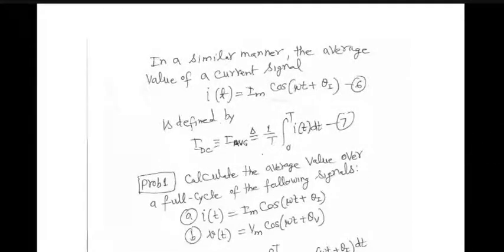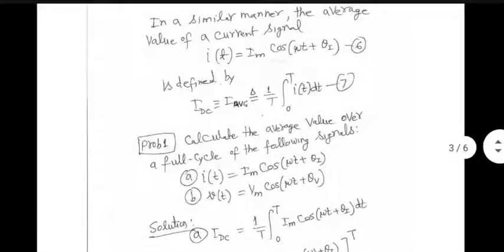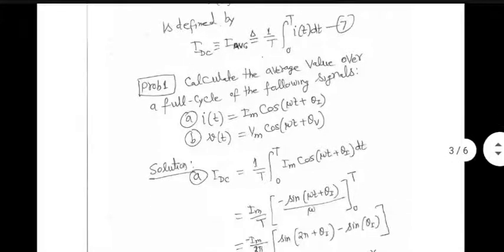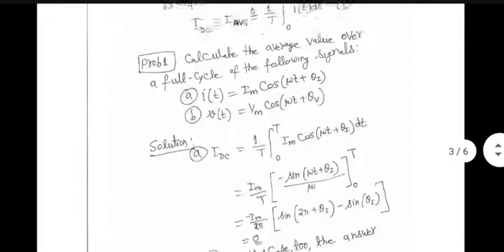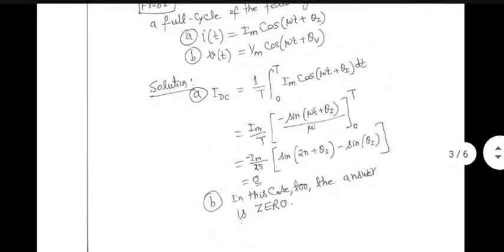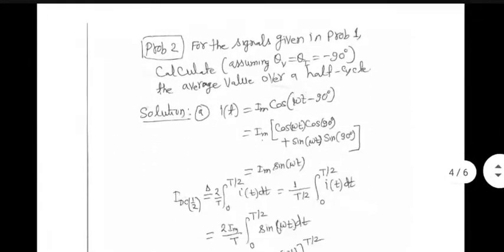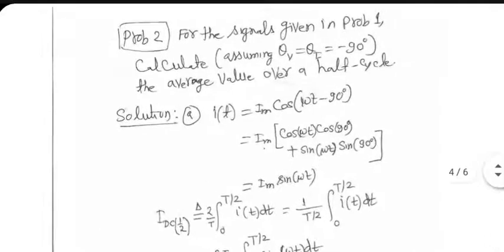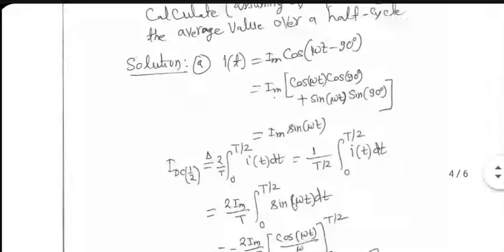For current also, similar story. You can go through this solved example just in case you are not sure about how to do these things. I think you have done it in several other courses, peak value, RMS value, etc. So let me quickly go through this and get to something which is more interesting. If you calculate the average value of a periodic signal over half cycle, then it's not 0.